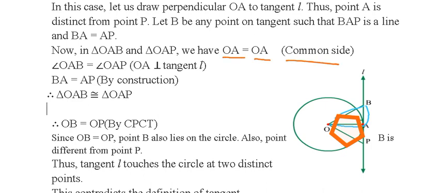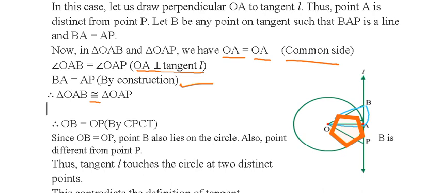It is common in both triangles, and angle OAB equal to angle OAP because OA is perpendicular to tangent L. By construction, BA equal to AP, right? So the triangle OAB is congruent to triangle OAP.